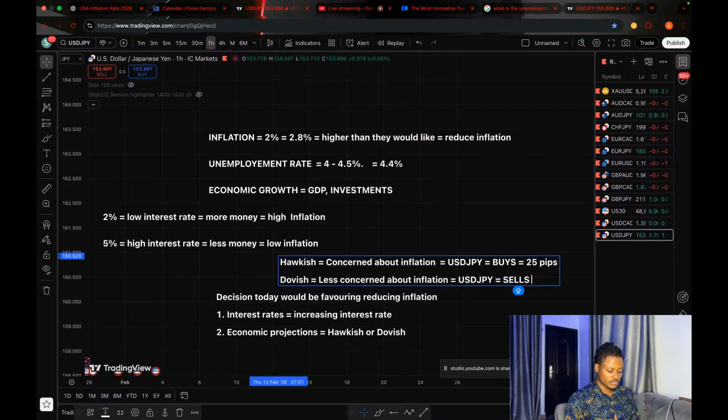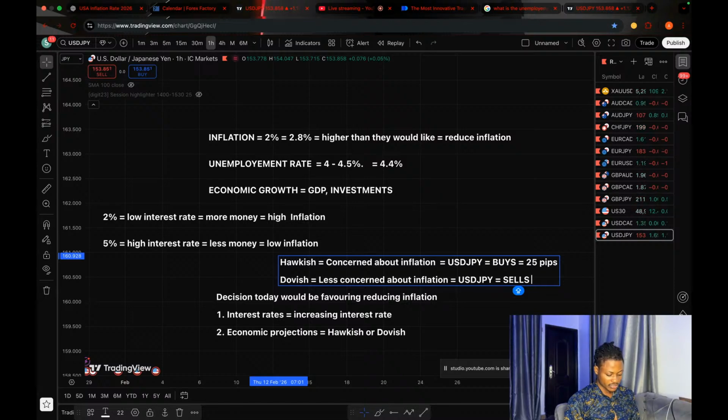And the more dovish their tone is, the more USDJPY is going to sell. So if they come and say, hey, we're not concerned about inflation, it's not really our problem right now, you just sell. If they sound more dovish, it's going to move this way.